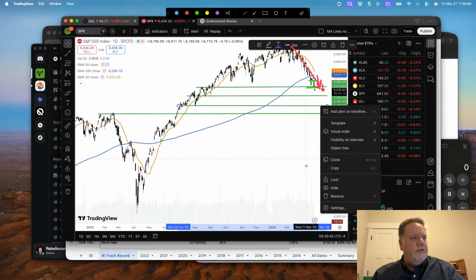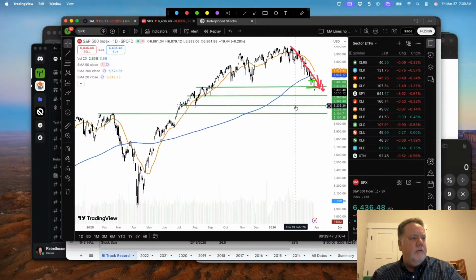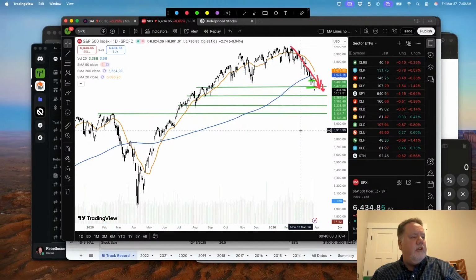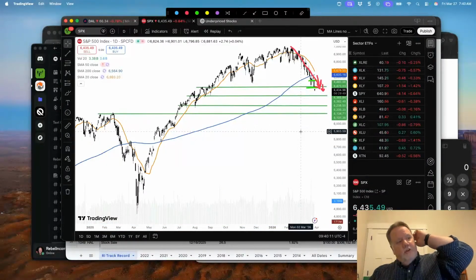Then we also have this level at about 62.40. That's about 200 points below the market's current level, and then again down here at about 61.34 roughly. So these are interesting levels to look at.